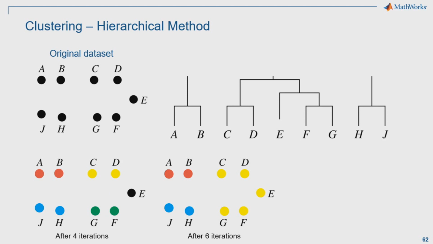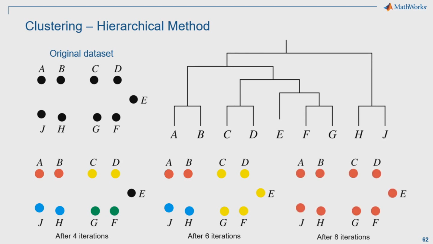Since E is closer to C and D, and also the cluster of CDE is closer to the cluster of GF with respect to the cluster of J, H, A and B, after 2 more iterations, the points C, D, E, G, and F are joined in a unique cluster. And this is represented with the dendrogram in the figure, in which, as you can see, the points C, D, E, F, and G converge to a unique branch in the end.